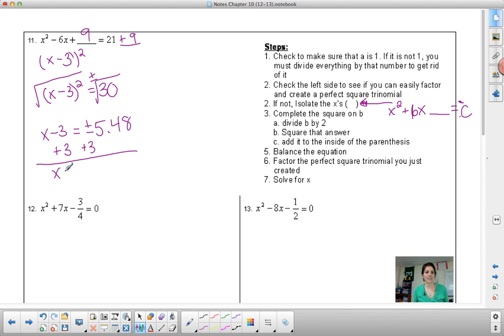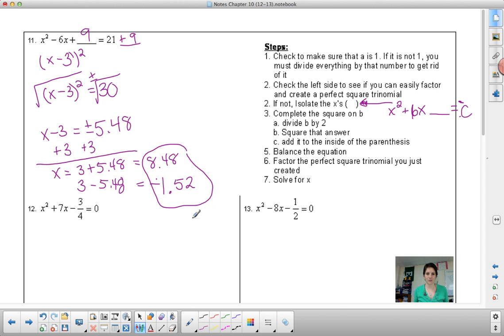So our x is equal to 3 plus 5.48, and also equal to 3 minus 5.48. So my two possible answers are 8.48 and -2.48.